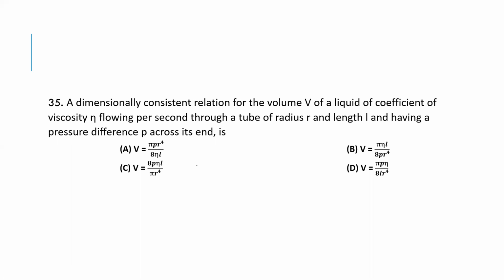A dimensionally consistent relation for the volume V of a liquid of coefficient of viscosity eta flowing per second through a tube of radius r and length L and having a pressure difference P across its end is.